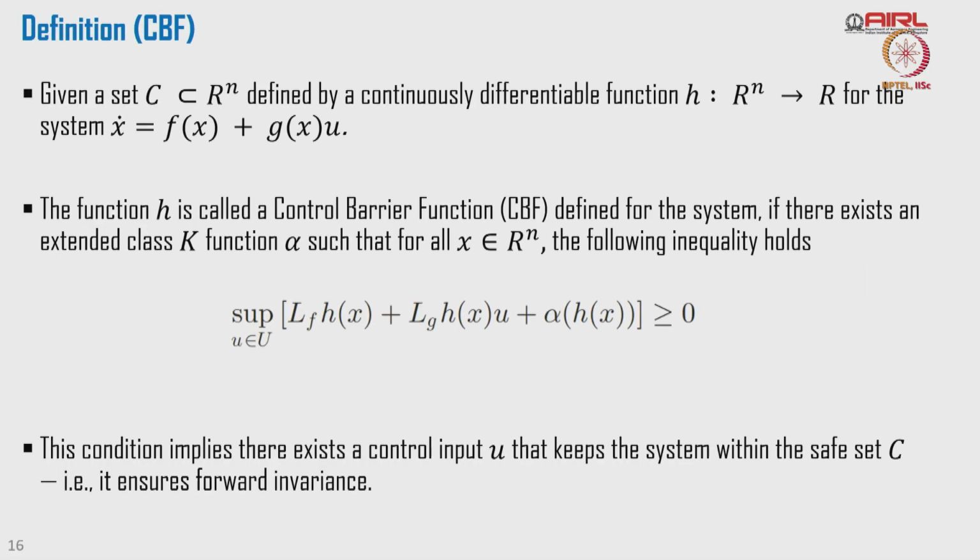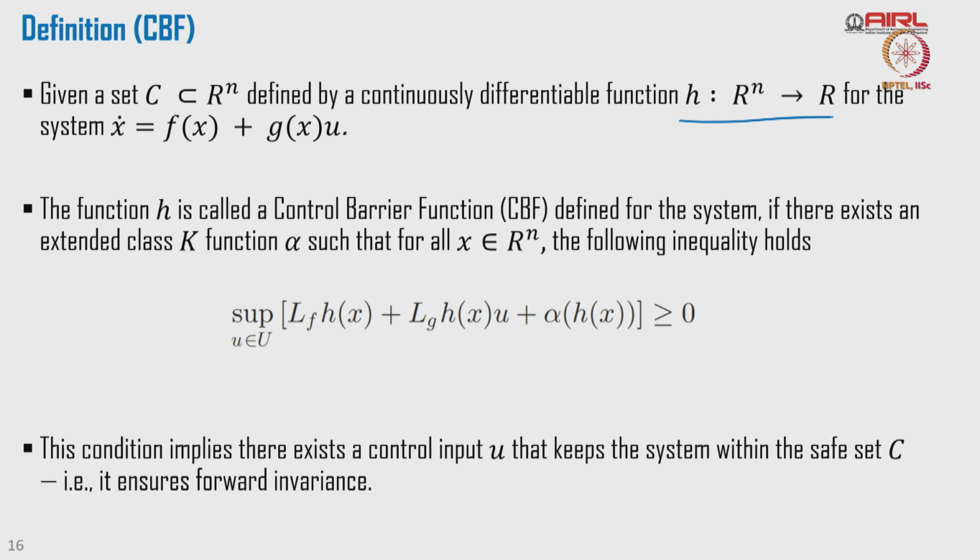Now we define the control barrier function. Given a set C which is a subset of R^n, defined by a continuously differentiable function h for the system x dot equals f(x) plus g(x)u, that we assume first.